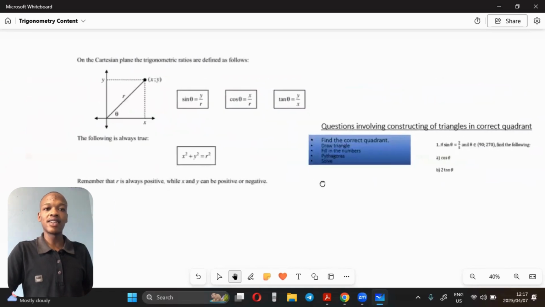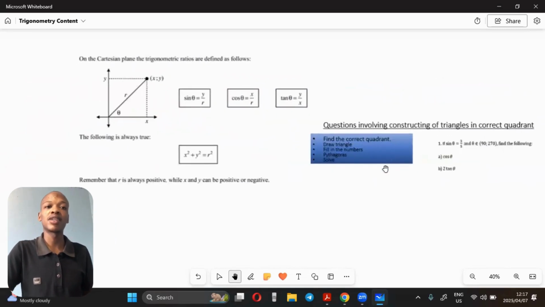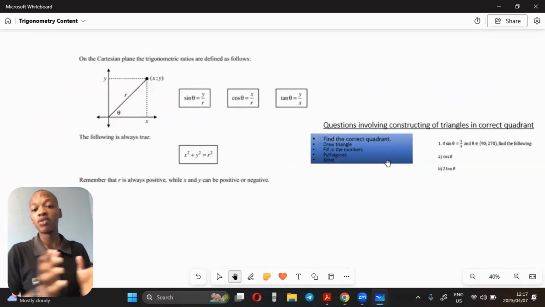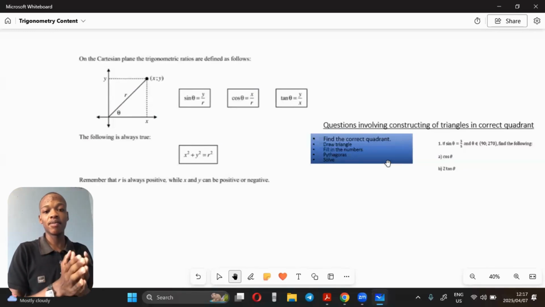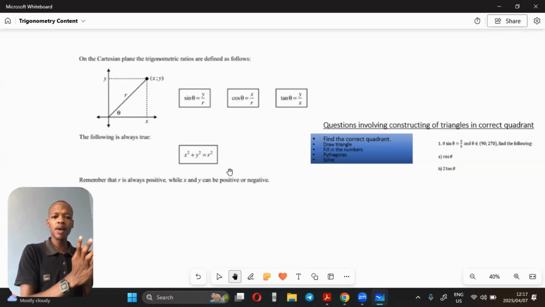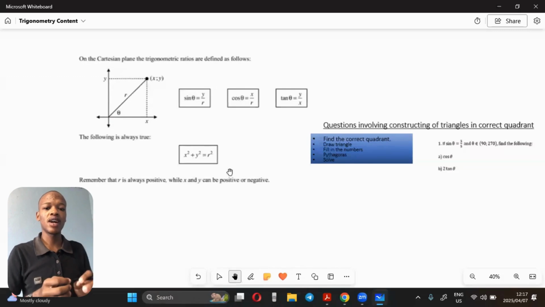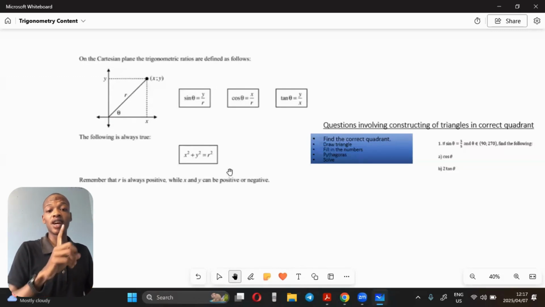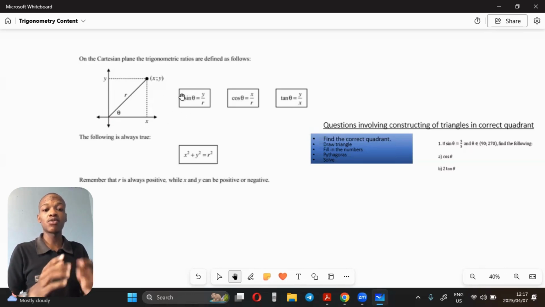And then another thing, the Cartesian plane. You have to master your Cartesian plane in order to also make use of the trig ratios. Here we'll be working with coordinates, x and y. And remember, r will always be positive. Sine theta is opposite over hypotenuse, which means your y will always be the opposite, and your r is the hypotenuse.